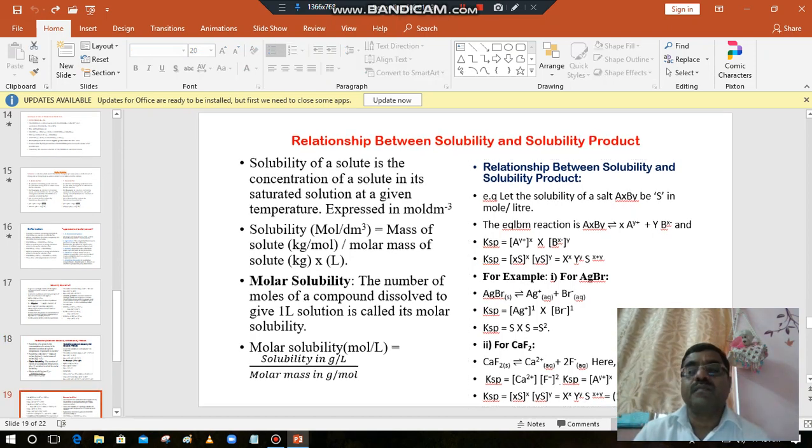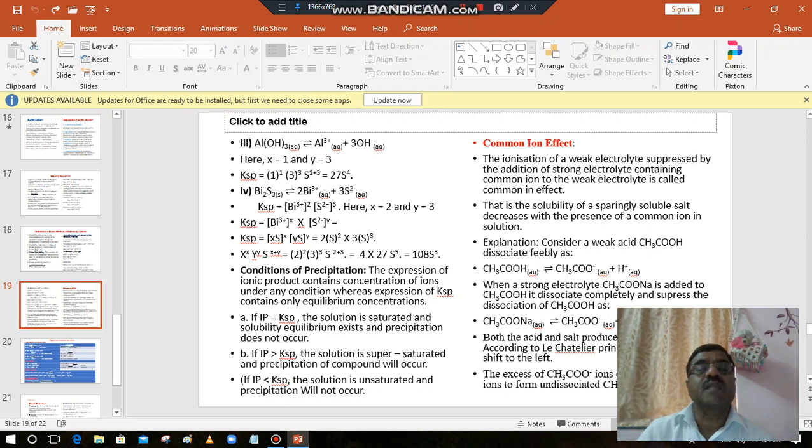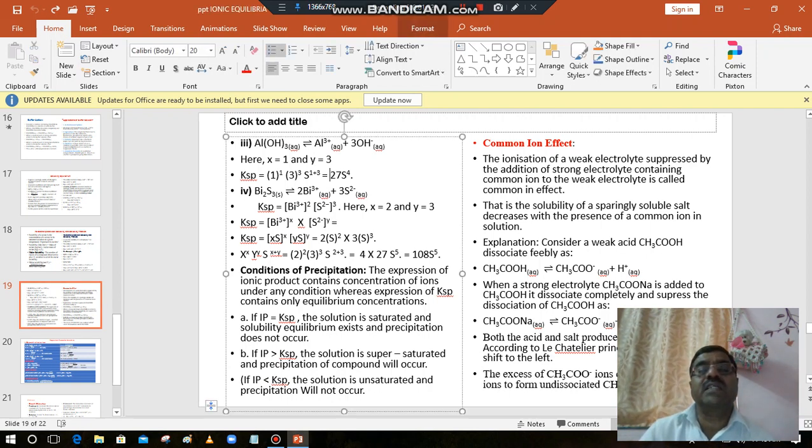Now for a salt like Al(OH)3, the Ksp becomes 27S^4, and for salts like Bi2S3, the solubility product Ksp is equal to 108 S raised to 5.